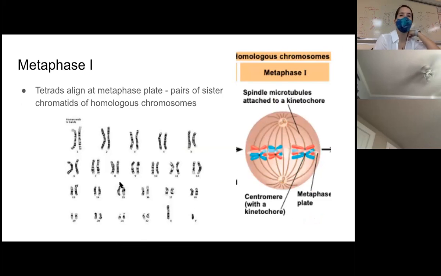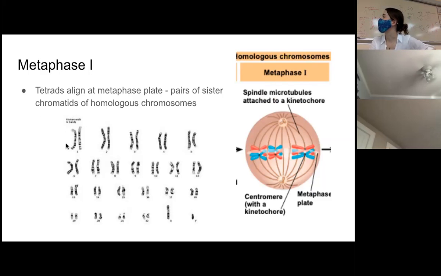So if we look back to our thing here, this is called a karyotype, this set of chromosomes where you have one chromosome one and its pair. Those are your first pair of chromosomes. That's what your cells look like at any given time. They have one copy of each of those in your body cells. So in interphase, you make a copy of each of those.